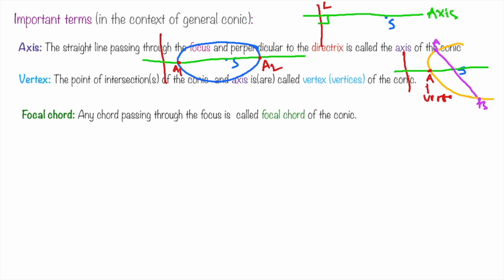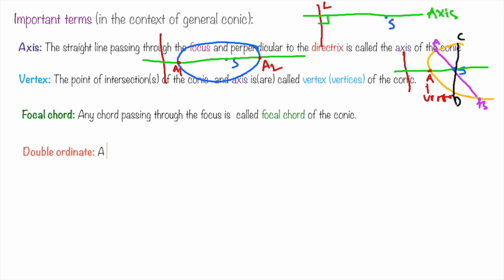This AB chord passing through the focus is going to be a focal chord. There could be more than one, so we can draw another one also, like CD. This is also going to be a focal chord. Any chord passing through the focus is called focal chord.